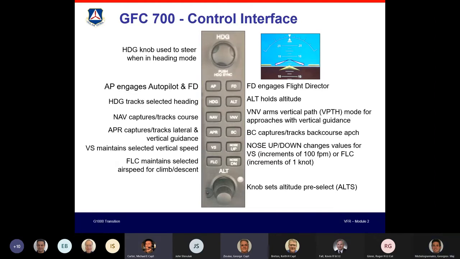With vertical speed, you give it a rate that it has to try to keep, and that rate could exceed your stall speed. Whereas with flight level change, you're telling it to get to a certain altitude, and it's not dependent on the speed. In both cases, they're going to go to a certain altitude, so the altitude cap works the same. We'll talk about that. But other than that, you're exactly right.